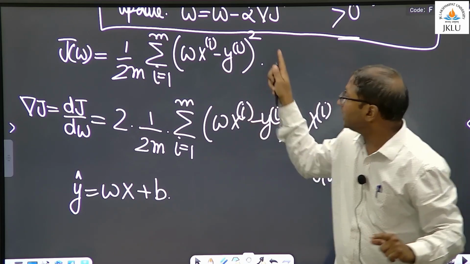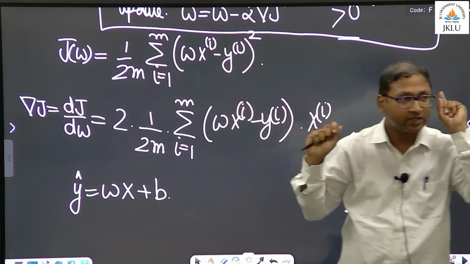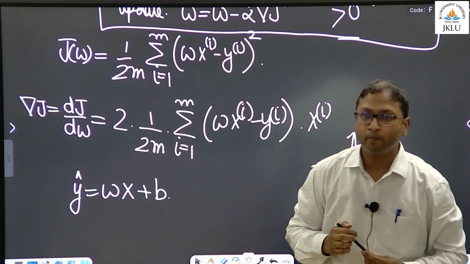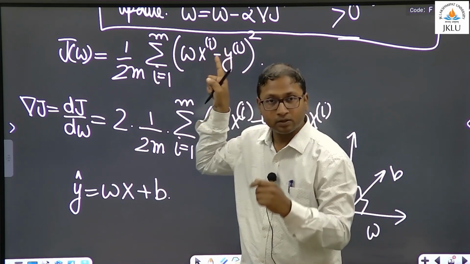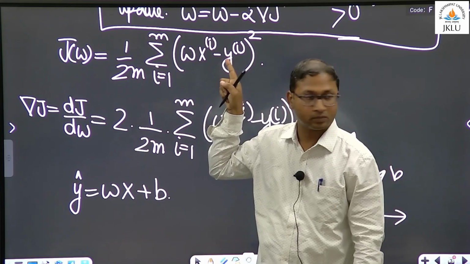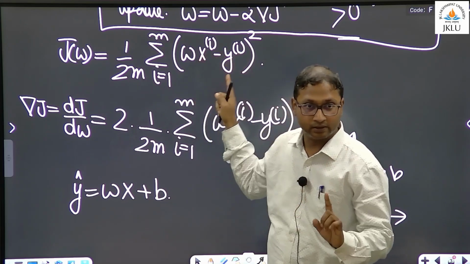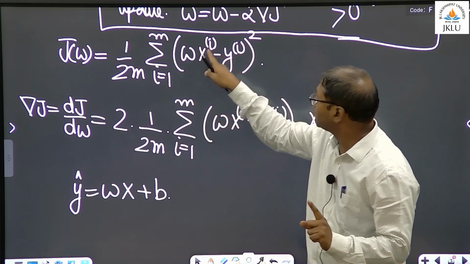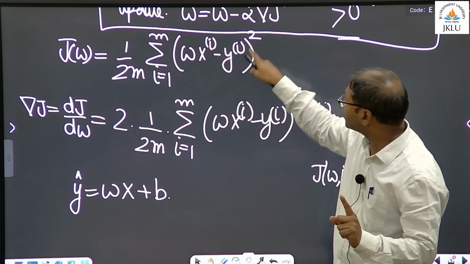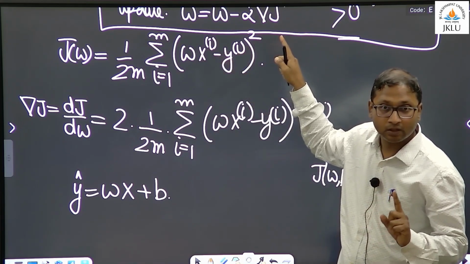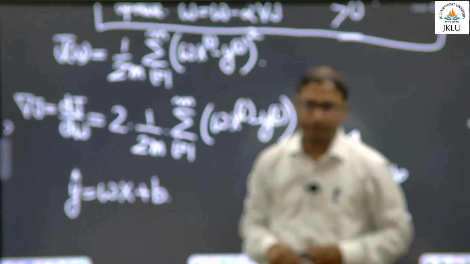Okay. So in this whole thing, there will be only two variables. What are they? x and y need, w and b. Okay. wx plus b minus y, whole square. How will this function look like?